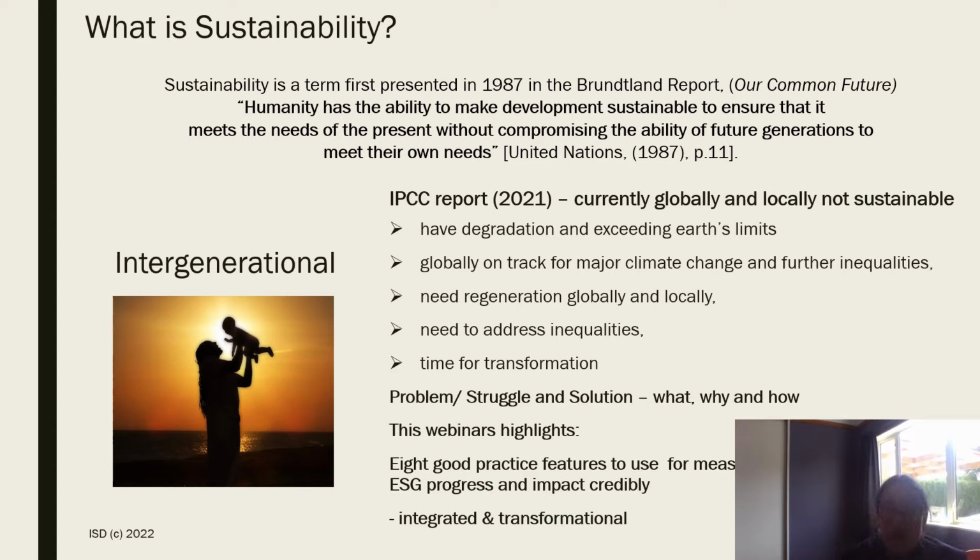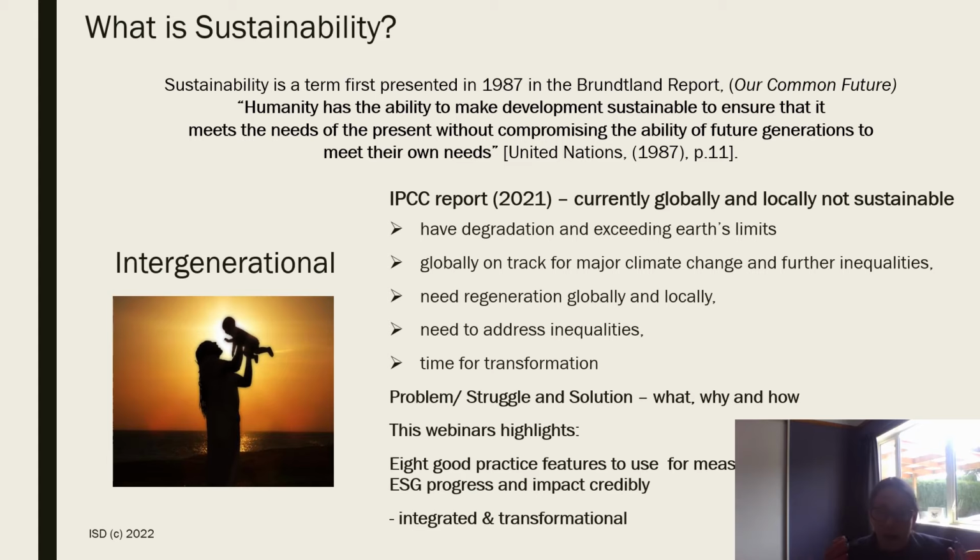Now, unfortunately, it's really become apparent that how we've been going globally and locally is not sustainable. We've got degradation of the environment, we've got climate change with more moisture and rainfall and floods, storms, and we've got inequalities with some countries being affected more than others and some different regions.